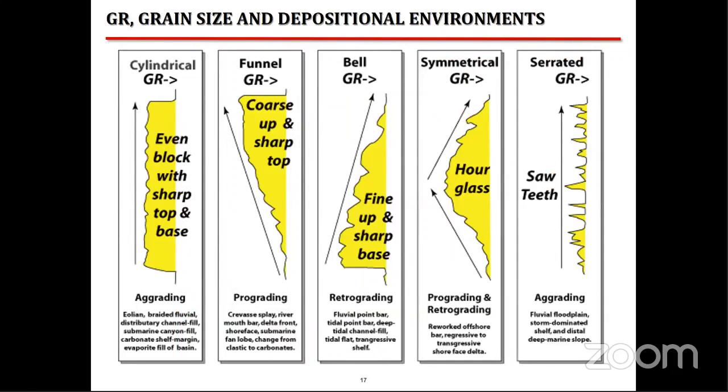Now, inferring the grain size and depositional environments from gamma ray logs. Gamma ray log trends can also be used to deduce the grain size variation both vertically and laterally, and also the associated depositional environments. A cylindrical gamma ray pattern is indicative of aggrading environments such as aeolian and evaporite deposits.